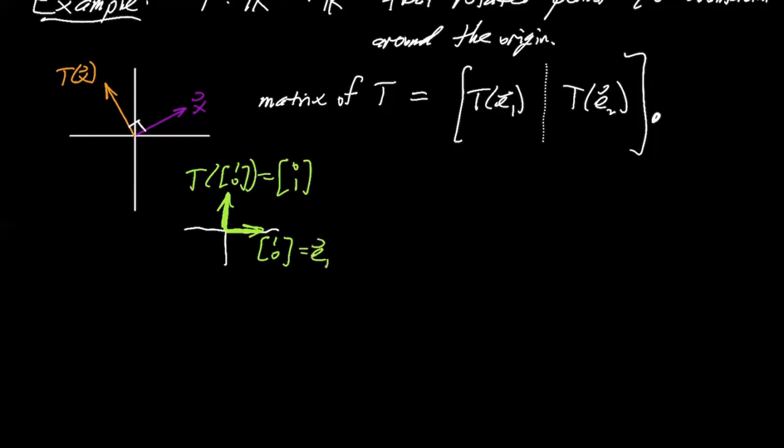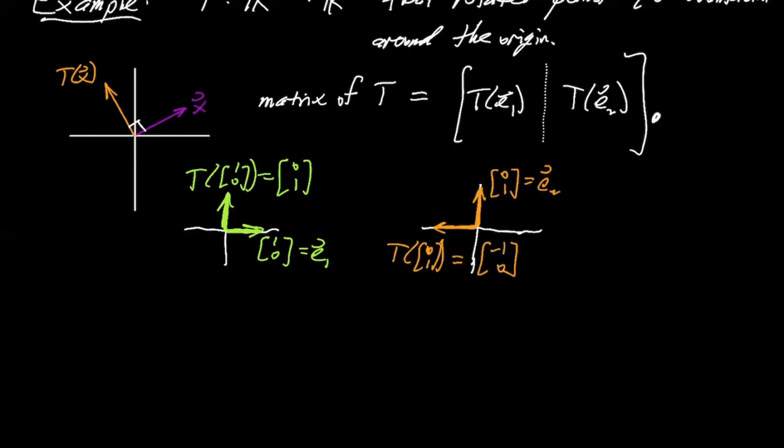And then if we do the same thing with E2, this vector right here is E2, the vector 0, 1. And if we rotate it, it goes over here. And so T of E2, or T of 0, 1, is the vector negative 1, 0, right? Because it's kind of the opposite of E1. It's negative 1 to the left. No y component. So, all right.